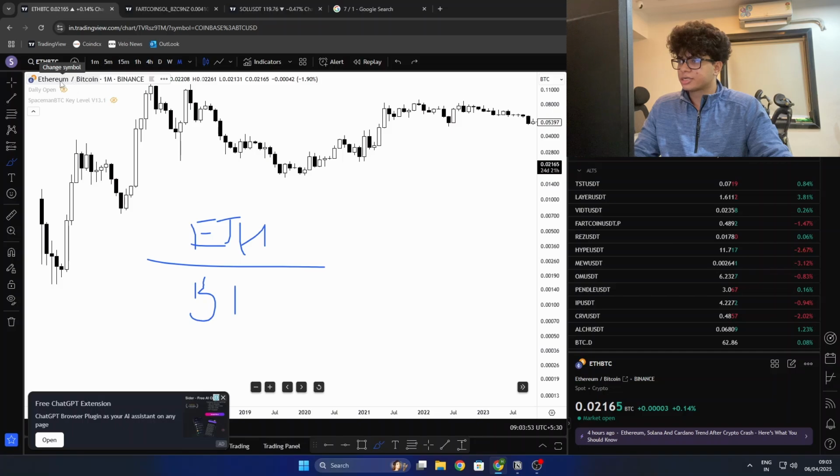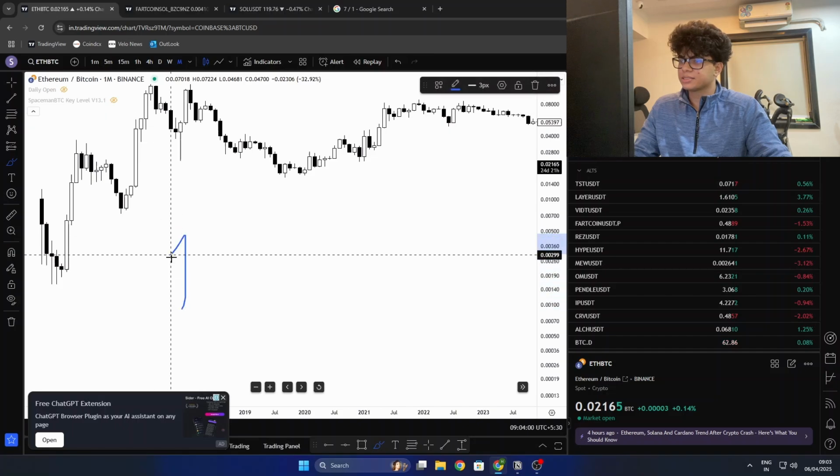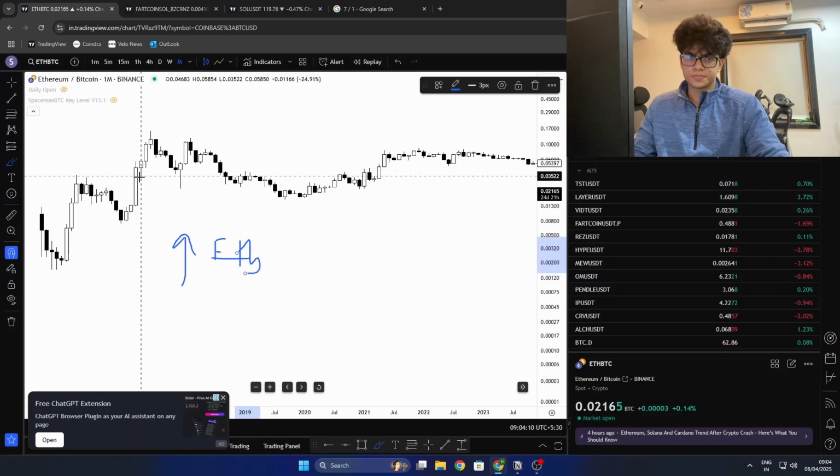For these charts, like Ethereum, Bitcoin, or some other coin divided by Bitcoin, if the chart is going up, it basically means the coin which is divided by Bitcoin is going up compared to Bitcoin.